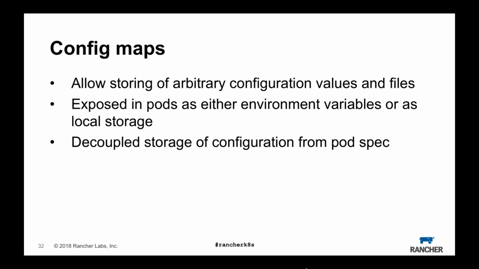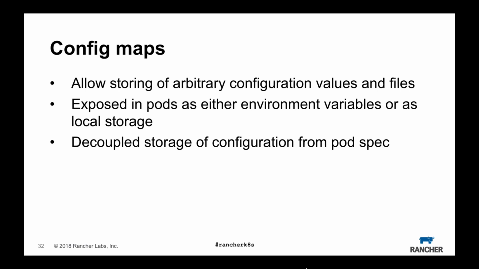Next Kubernetes concept we can go over is config maps. Config maps allow storing arbitrary key value pairs, any configuration data that you want to store and your pods want to access. So config maps can be exposed in the pods as environment variables or as local storage.